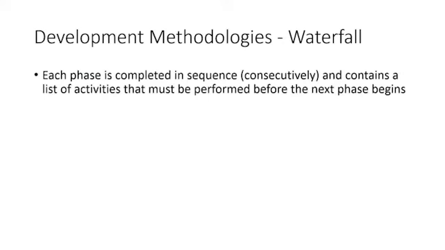Now, some of those methodologies we need to refresh our memories on. We have the waterfall methodology. That means each phase is going to be completed in sequence, one after the other, or consecutively, and contains a list of activities that must be performed before the next one starts.